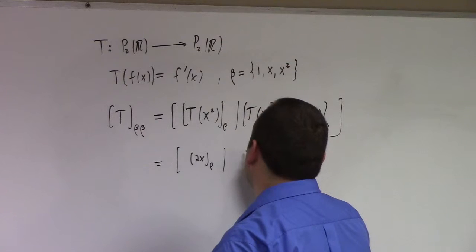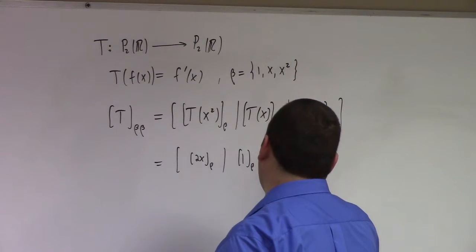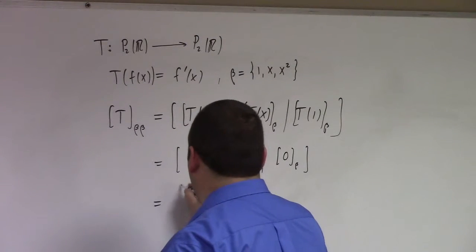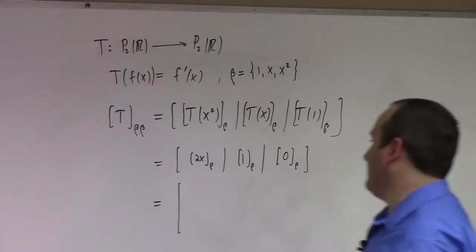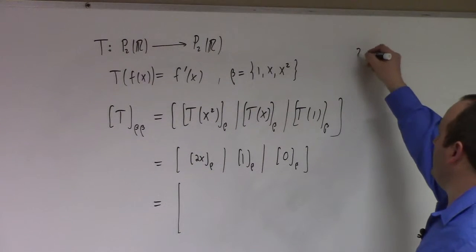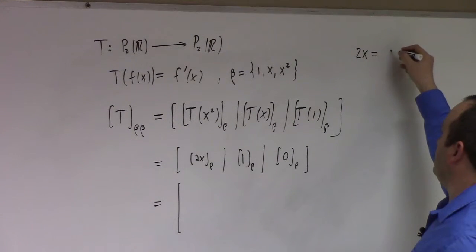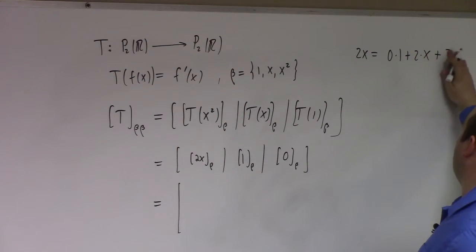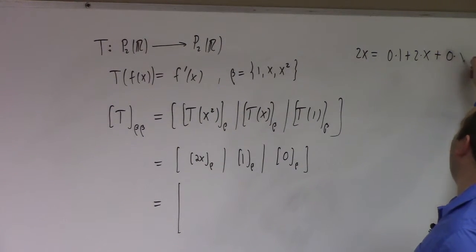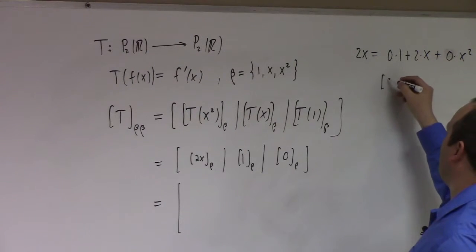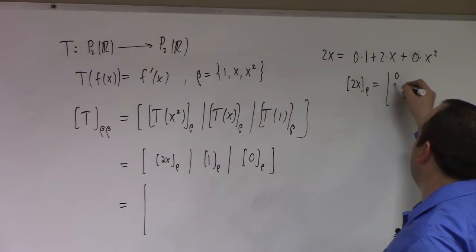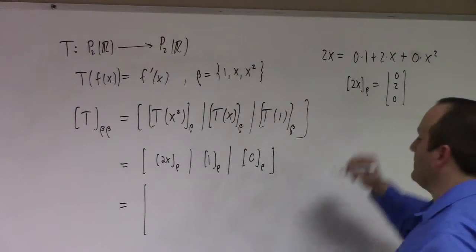And then I've got 1, and then I've got 0. So just to emphasize, 2x is equal to 0 times 1 plus 2 times x plus 0 times x squared, right? That's how I know that the coordinate vector of 2x with respect to the beta basis is 0, 2, 0.